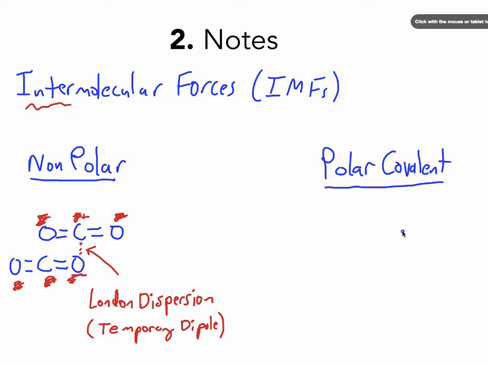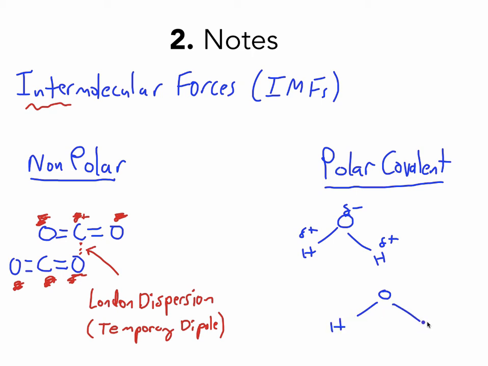So now let's look at a typical polar covalent compound. Let's just go ahead and look at water, since we're so used to looking at water. I'm going to draw one water molecule, and because of its bent shape, these dipoles on water do not cancel. If I get another water molecule, it's going to line up like this.